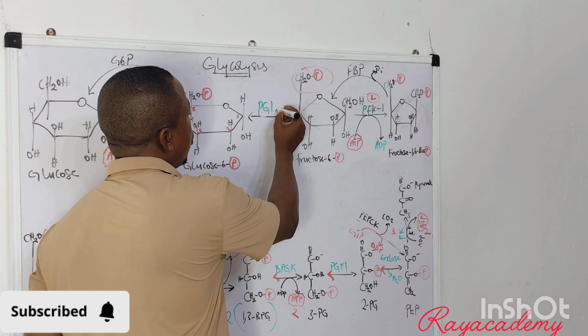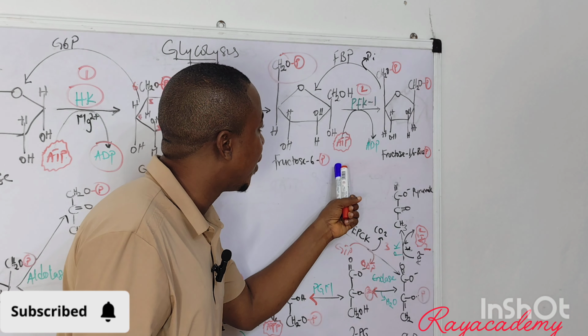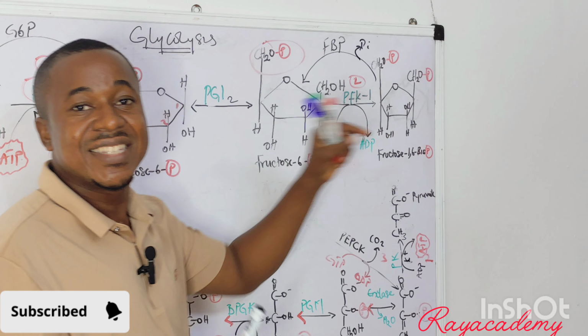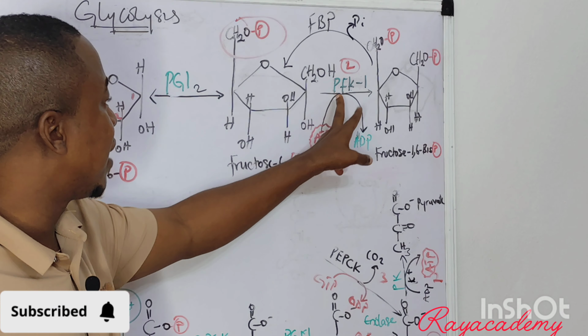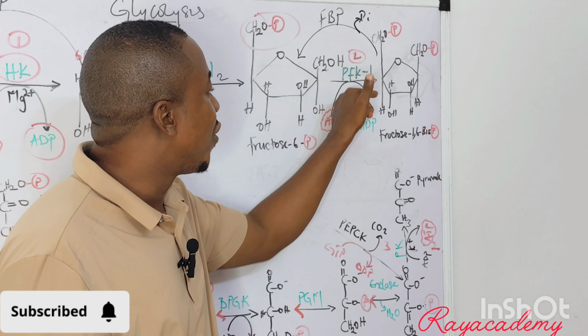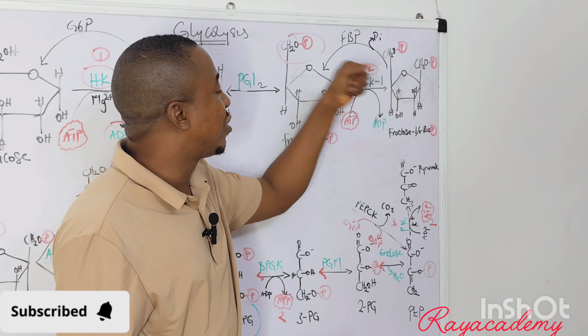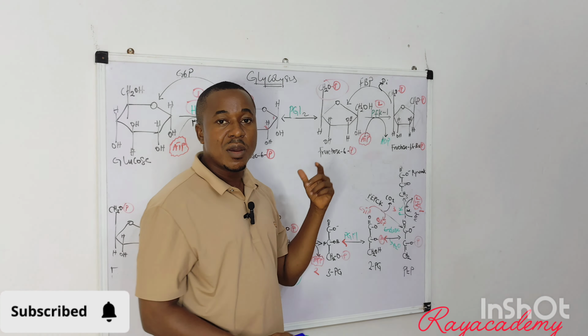The next one is the conversion of fructose 6 phosphate to fructose 1,6 bisphosphate. This reaction step is catalyzed by PFK1, which is phosphofructokinase 1. The 1 indicates that the phosphorylation is at carbon 1 of the fructose moiety.